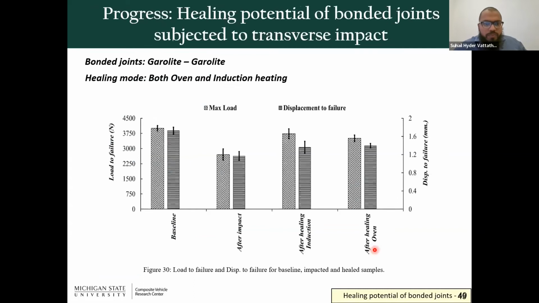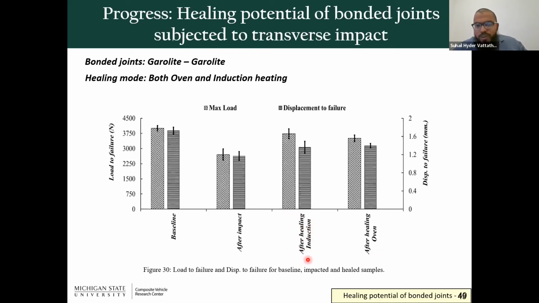You can see over here, you have the baseline structures. In the baseline, on the left-hand side you have the load to failure, and this one is the displacement to failure. After the impact, you reduce both the load to failure and the displacement to failure. And once you expose them to heating, you can either heat by induction technique or by oven technique.